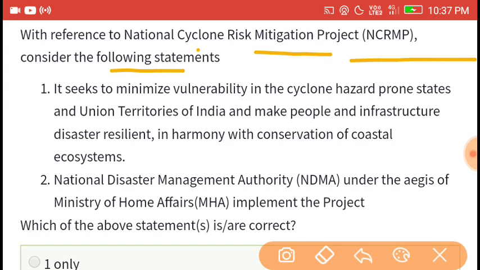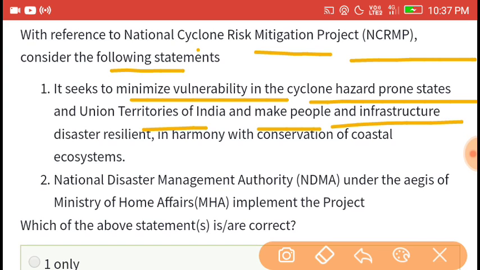It seeks to minimize vulnerability in the cyclone hazard prone states and UTs of India, and make people and infrastructure disaster resilient and in harmony with conservation of coastal ecosystem.